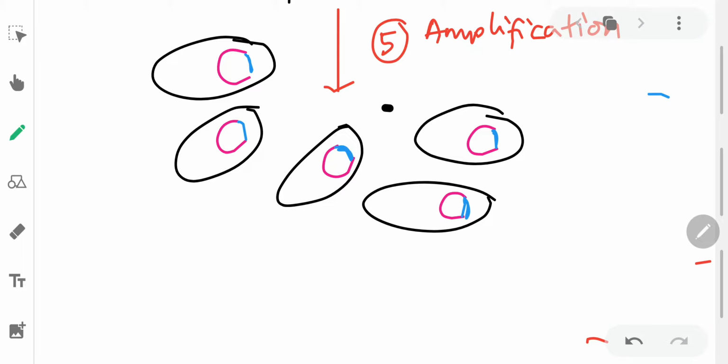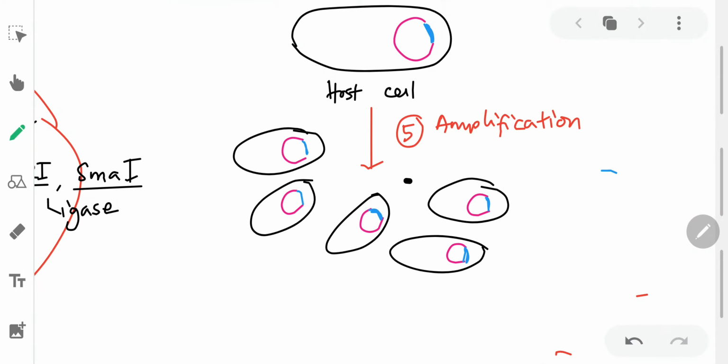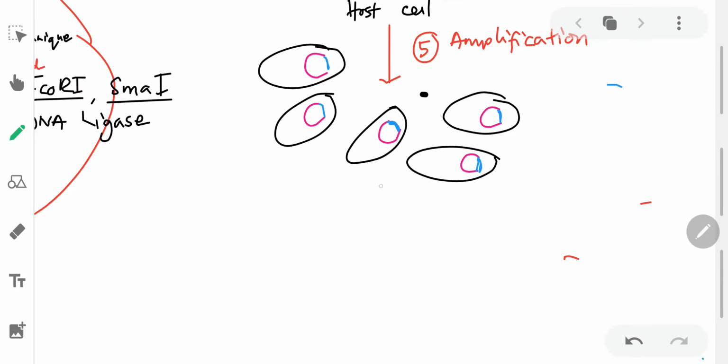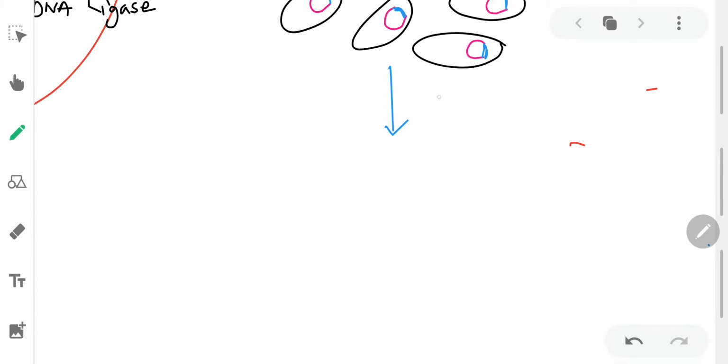So macam ni lah. This is amplification. This is the 5th step in gene cloning. Okay, now step number 6. Step number 6 is screening process.